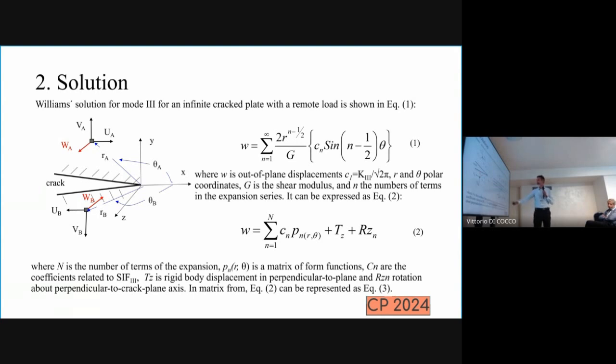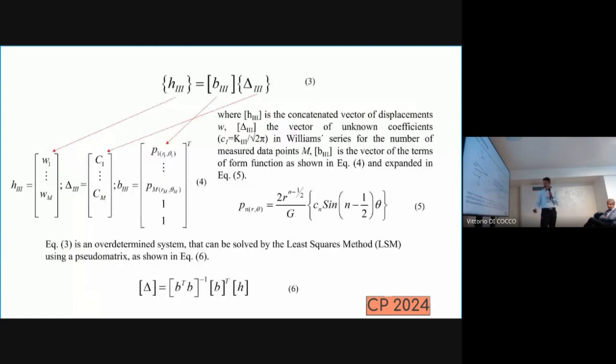T_Z is the rigid body displacement, sorry, and R theta n is the rotation in the out-of-plane displacement. So that equation can also be arranged in a matrix form. We're going from a continuous equation to a discrete form. So here H equals B times delta, where H is the concatenated vector of displacement W given by the DIC technique.